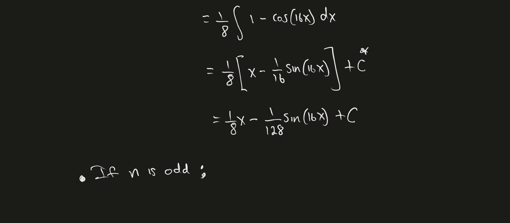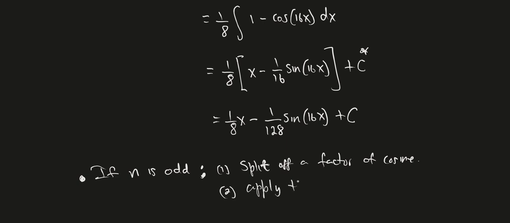In fact, let me write it like this. So 1, we're going to split off a factor of the cosine function, and then 2, apply the Pythagorean identities, one of those, right?